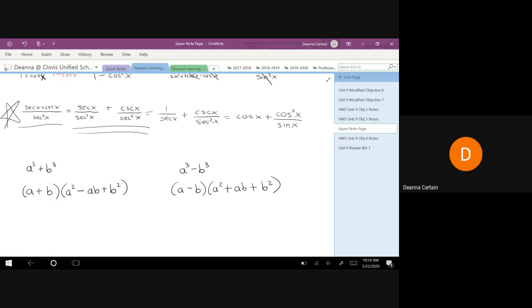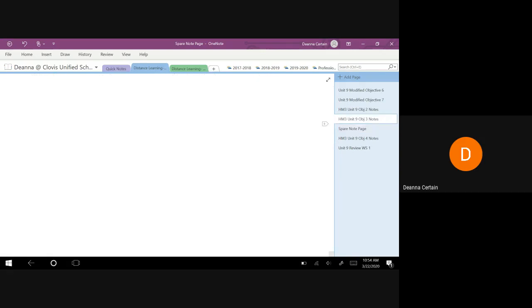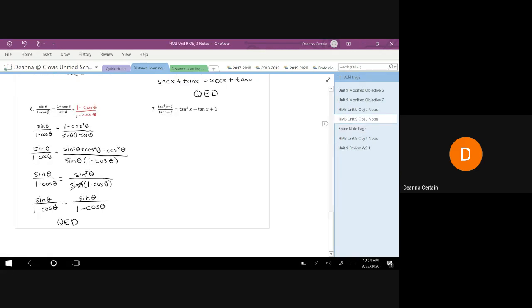Okay, so using that idea, on number 7, we notice that our a would be the tangent x, so a cubed. B would be 1. 1 cubed is 1.